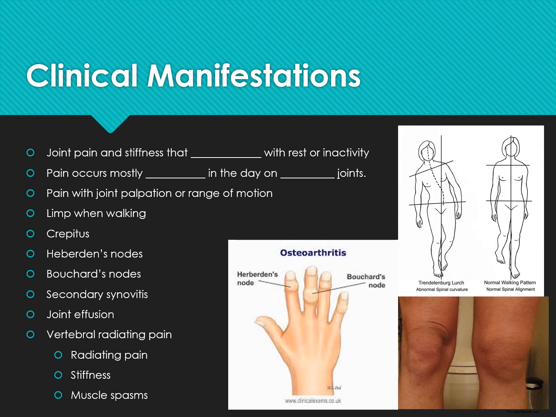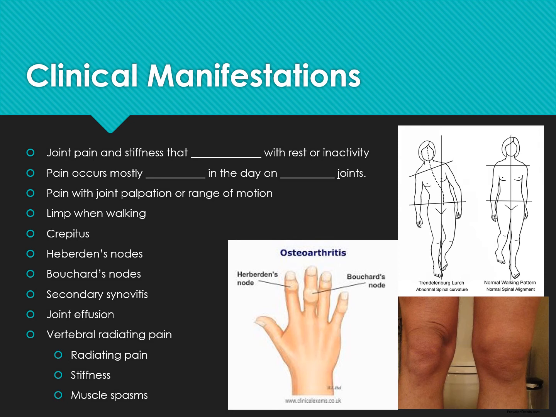So I don't know if you can see that picture of the knee to the right there. This indicates advanced disease and secondary synovitis. Oftentimes what we will need to do is aspirate the fluid from that area, and that will actually help alleviate some of the excessive fluid, the joint effusion, and we can send it off for testing.